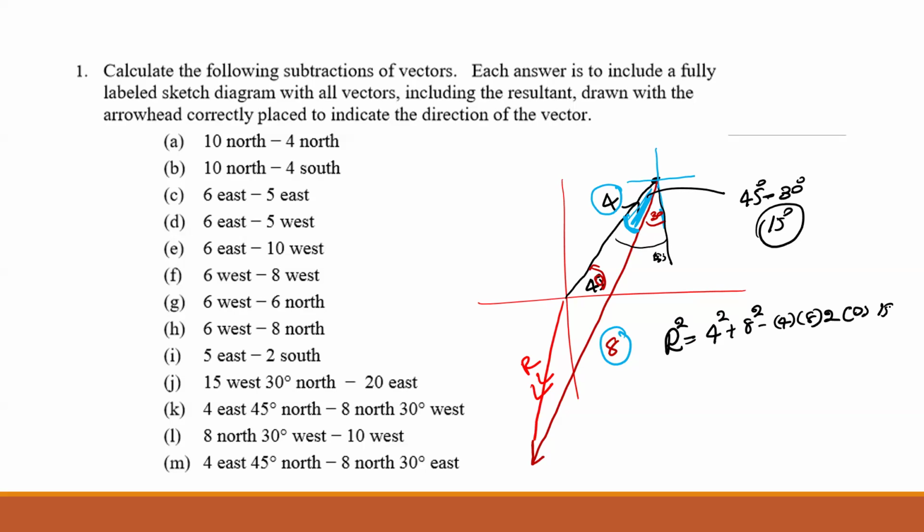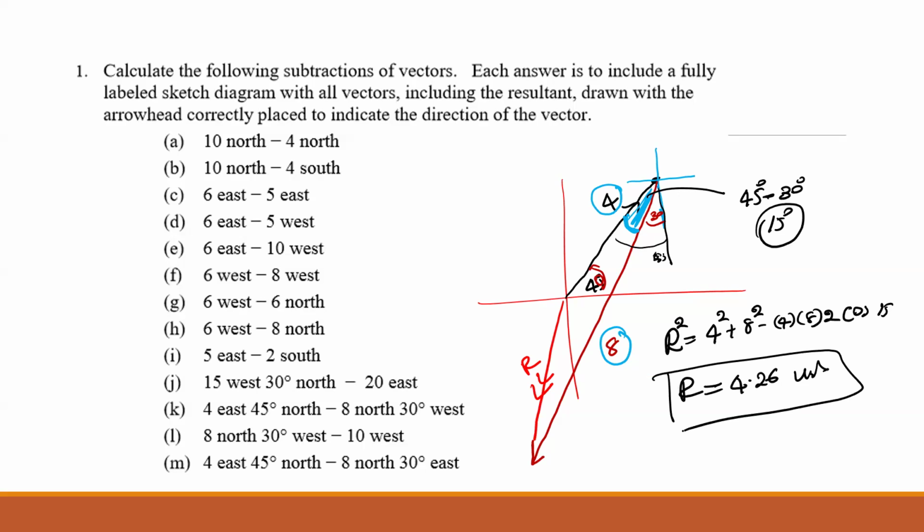So you put these numbers in the calculator. 4 squared plus 8 squared... What do you get? 4.26. For the square root? Yeah. Okay. So we got this.